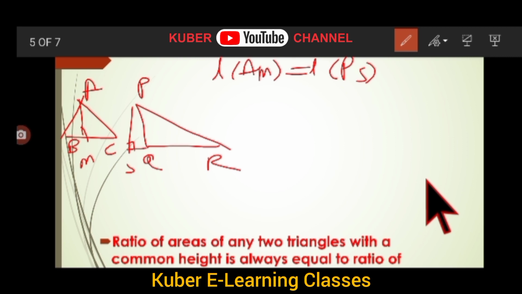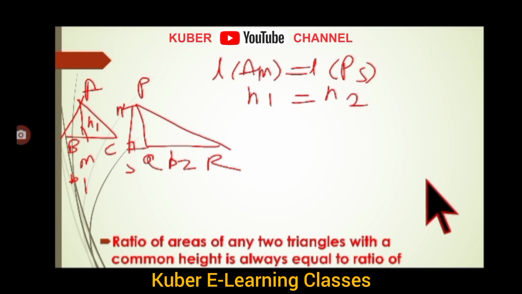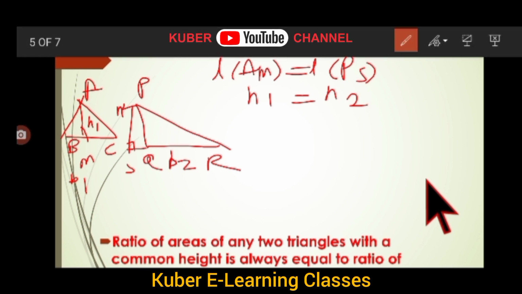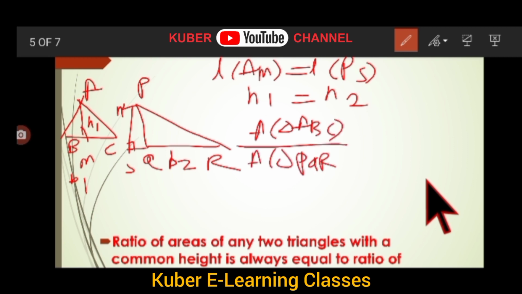Or, what we have considered: this height H1 and base B1, here height H2 and base B2. So now we have H1 equal to H2. Just now, in the first property, we got the ratio of areas of any two triangles. Here we can take area of triangle ABC over area of triangle PQR.